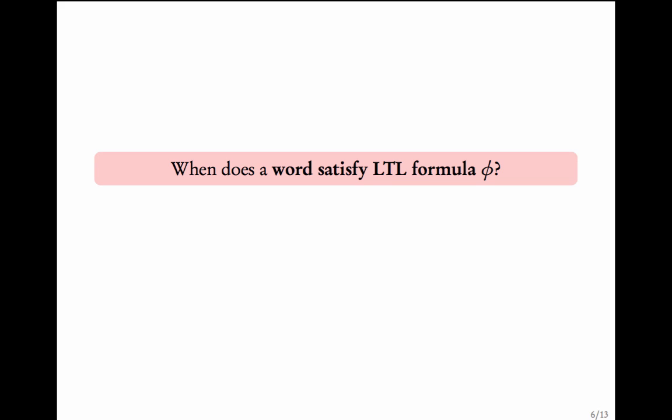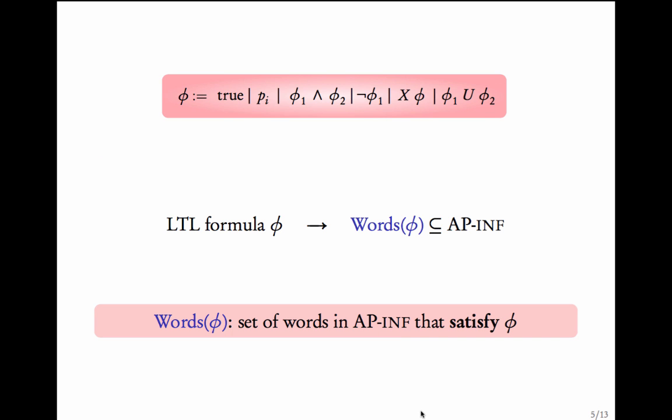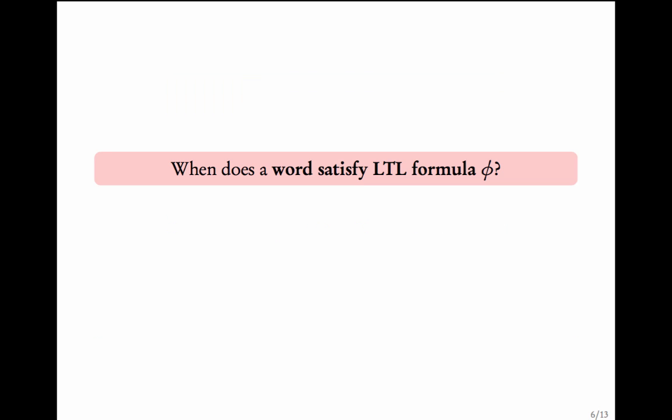Before doing that, we need to say when an infinite word satisfies LTL formula phi. Essentially, this set is a set of infinite words, right? So this should be infinite words. To get the set of words that satisfy phi, we need to define when a word satisfies phi. So that is the question asked here.